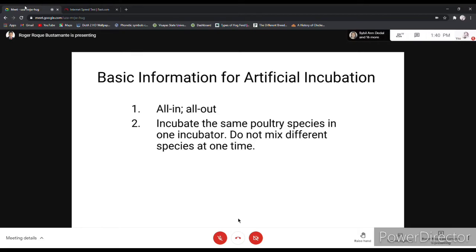Meaning, if you set a batch of eggs on this day, you should fill the incubator to its maximum capacity. Got it? You put in the maximum capacity of the incubator.